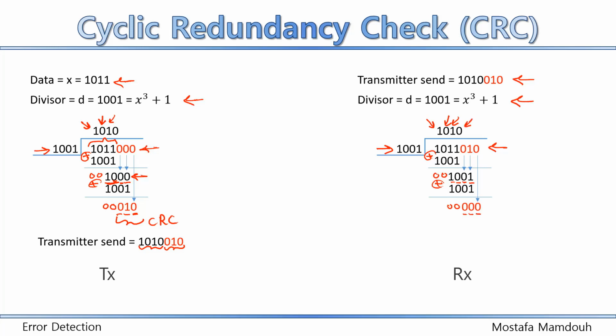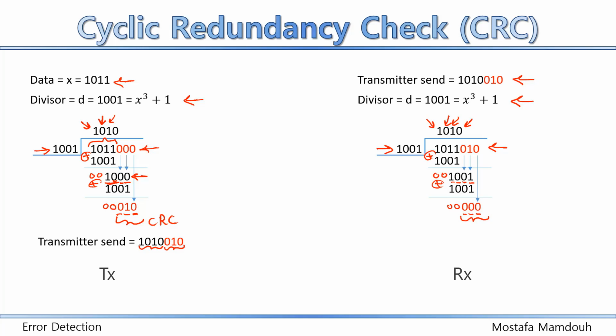Finally, we multiply by 0 to finish the process, which will give us again 0 0 0, and when you make an XOR, it will give us 0 0 0. Now since the output here is 0 0 0, that indicates that there is no error and the data is received correctly. On the other hand, if there was an error and a bit changed, then when we do the RX procedure, we will get a different answer than 0 0 0.